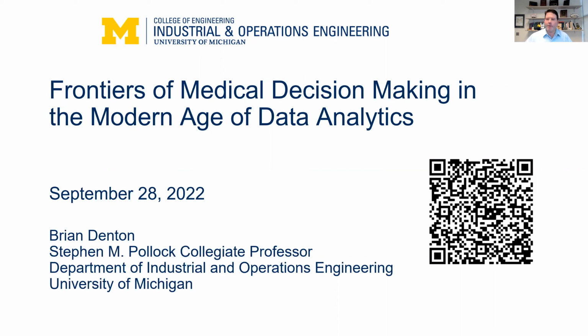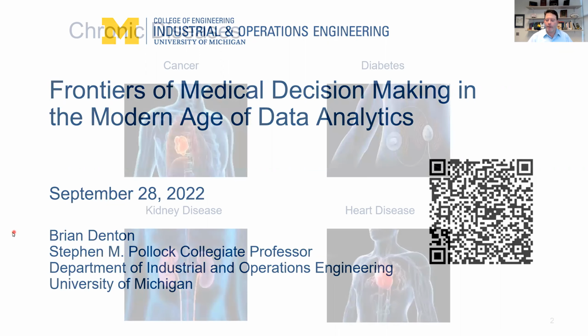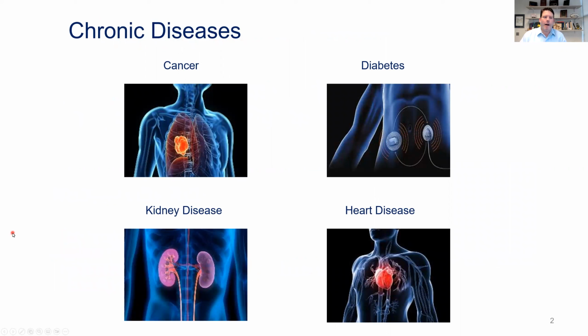So, let's jump in with a couple of things that I want to start with. First, a lot of the work I do is around chronic diseases, things like cancer, diabetes, kidney disease, heart disease, and others. This reflects to some degree my bias.